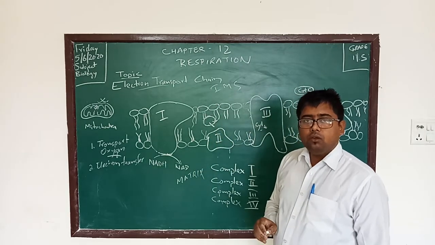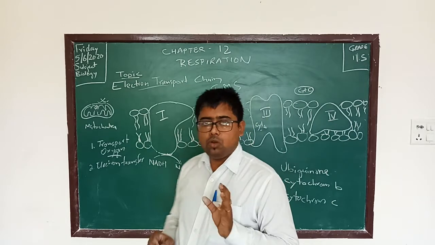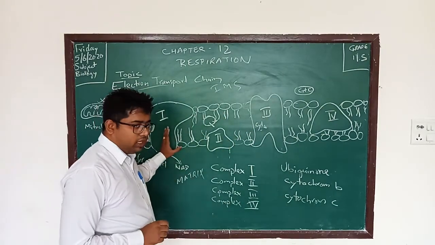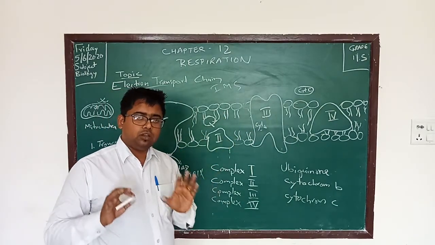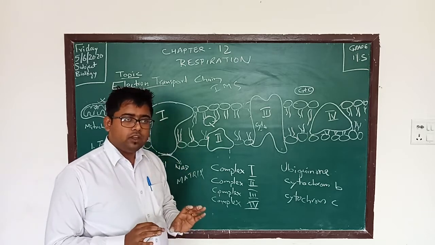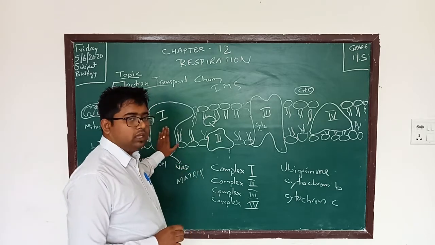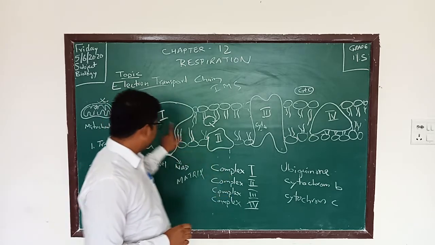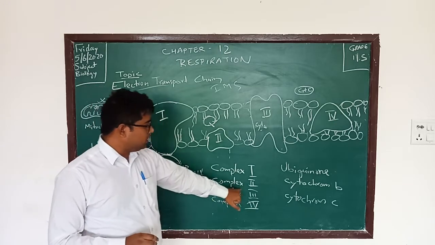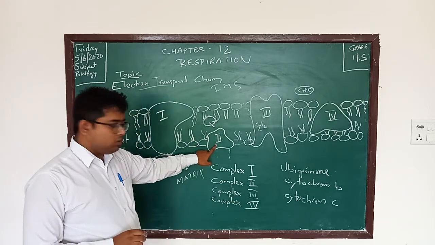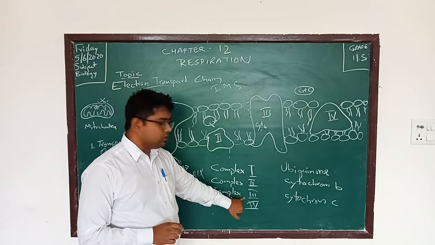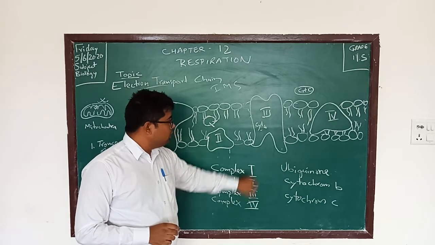We are also supposed to know that these are proteins, and presently for your class, it is enough to know that they are complex 1, which is this first one, complex 2, this one over here, and then complex number 3, which is this one.